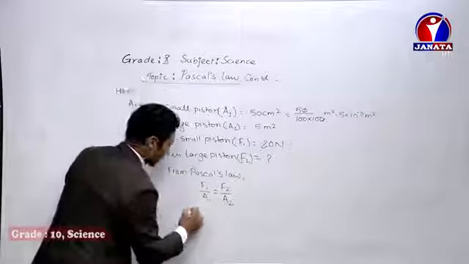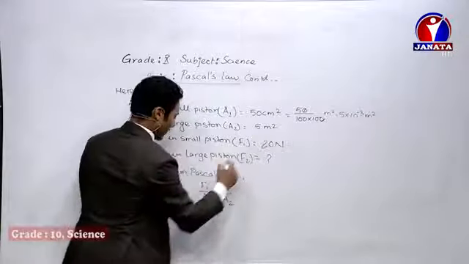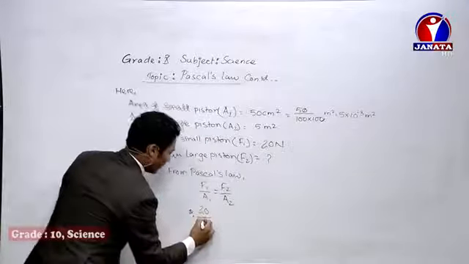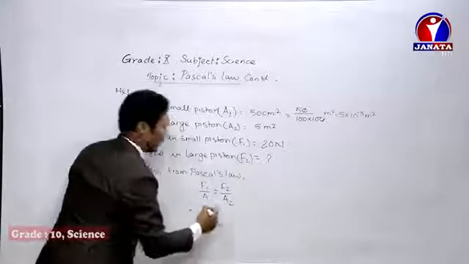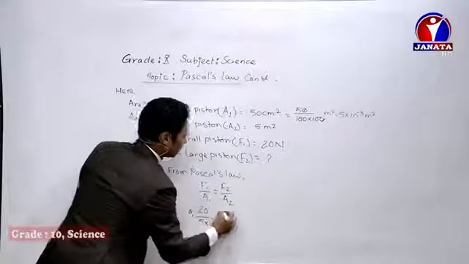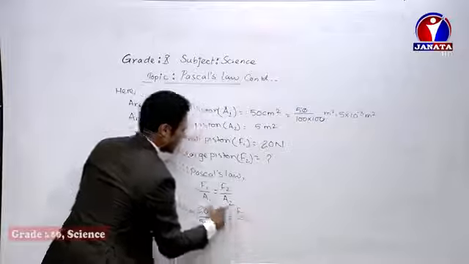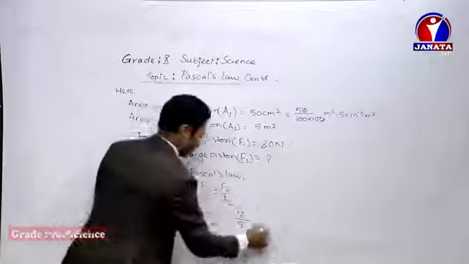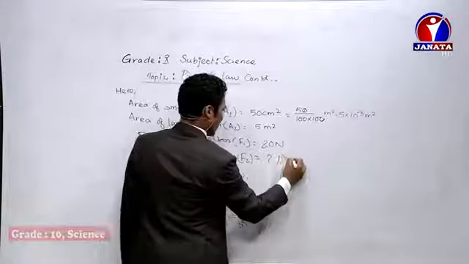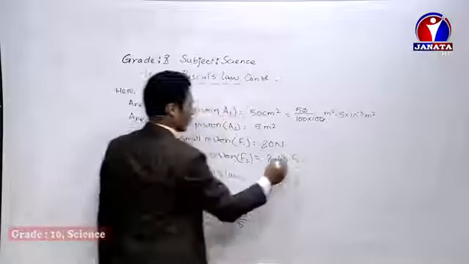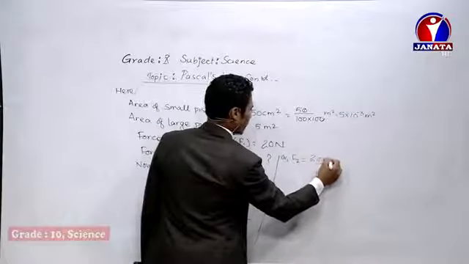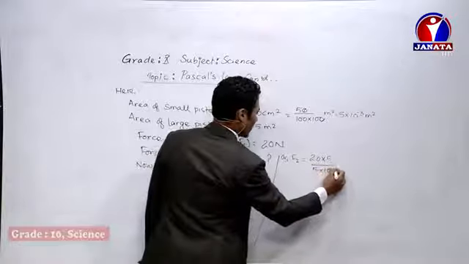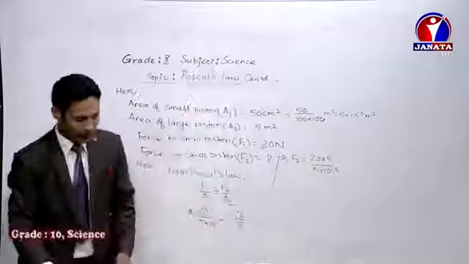F1 is 20 Newton, A1 is 5 into 10 to the power minus 3, and F2 we need to calculate. A2 is 5. So F2 equals 20 into 5 divided by 5 into 10 to the power minus 3.